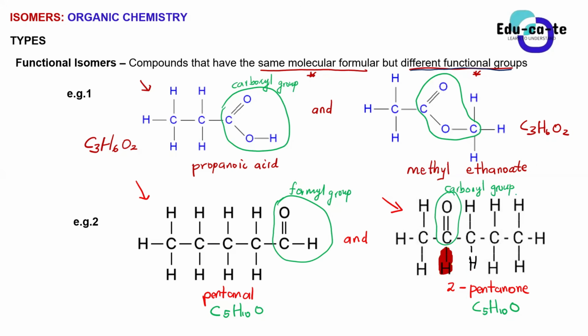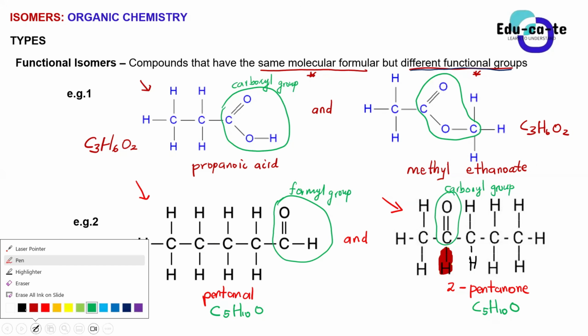Yes, Sam? So ketones always go with aldehydes, and esters always go with carboxylic acids. Exactly what I wanted to say. For functional isomers, we only have 2 pairs possible.